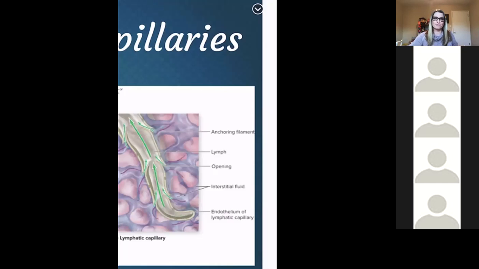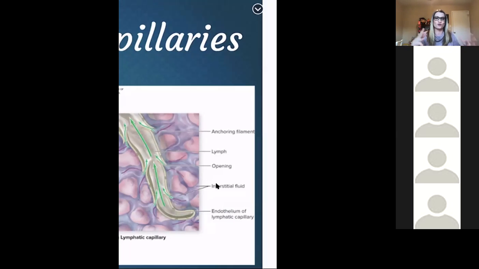Okay, so I promised you that we would look at the lymphatic capillaries a little closer. So here you can see the lymphatic capillary enlarged. And so notice how I said that the lymphatic capillaries are blind-ended or closed-ended. So you see the ends of them, right? And that basically is the beginning of the lymphatic capillary.